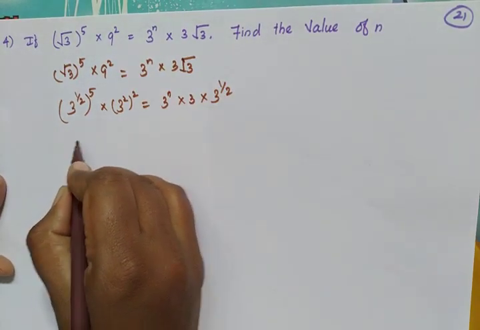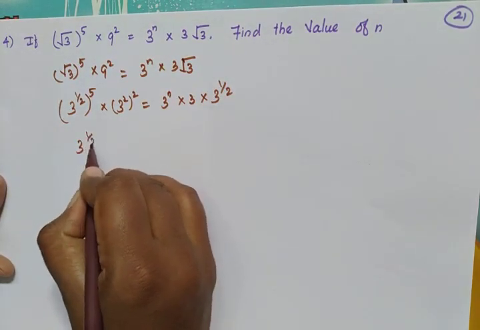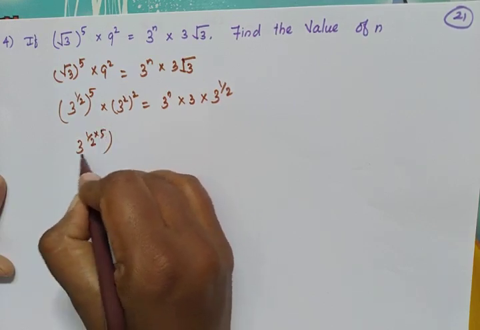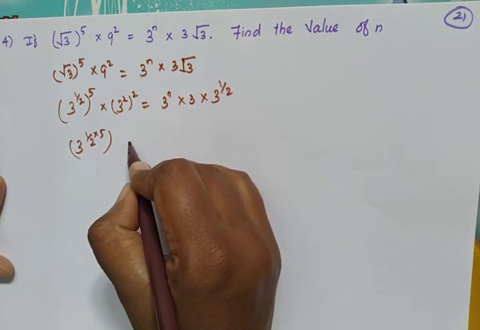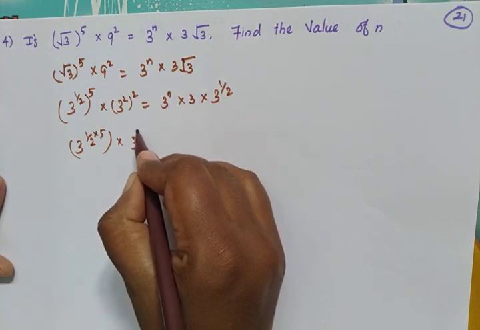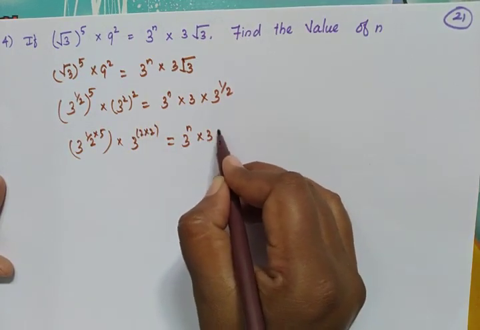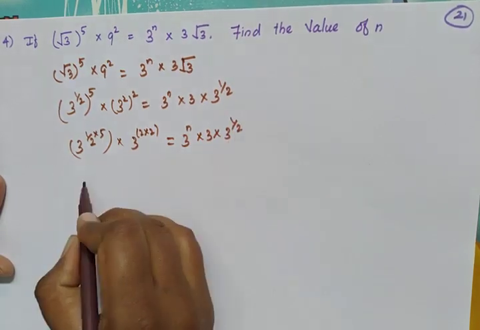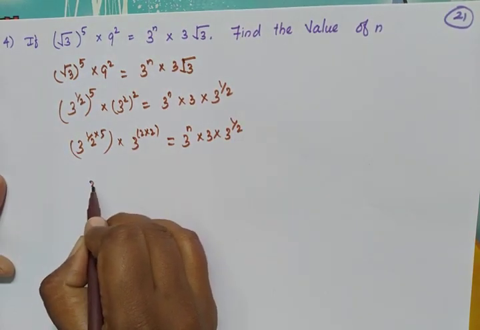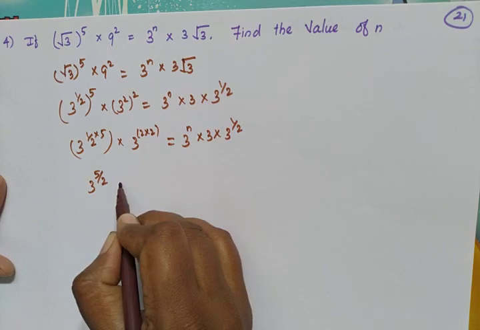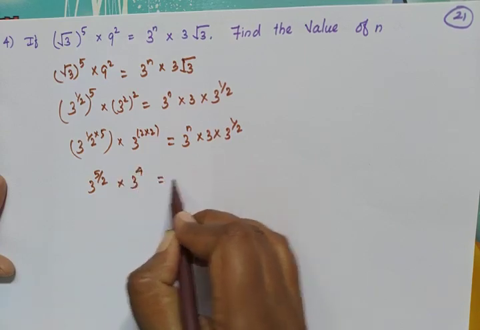So 3 power 1 by 2 into 5 into 3 power 2 into 2 is equal to 3 power n into 3 power 1 by 2. Now this is equal to 3 power 5 by 2 into 3 power 4.